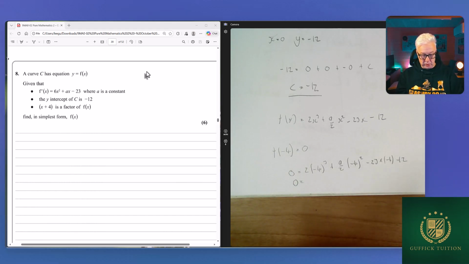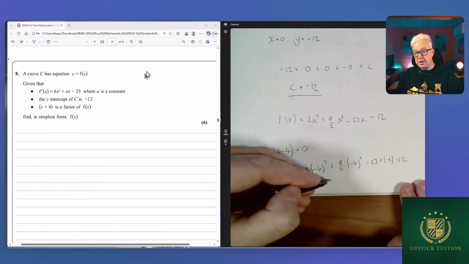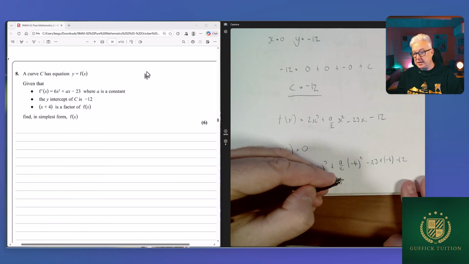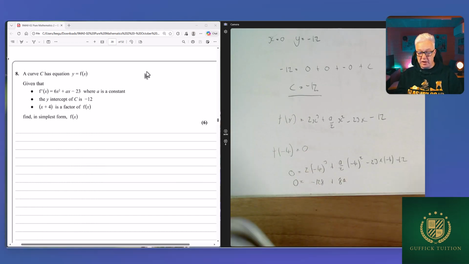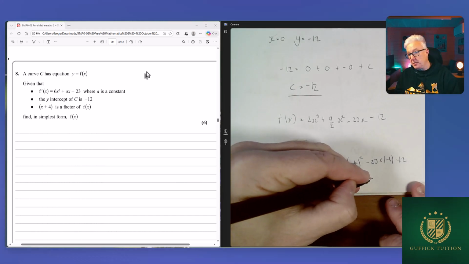Minus 4 to the power of 3 is going to be minus 64, so we double that, it's going to be minus 128. Then minus 4 squared is going to be 16, and 16 divided by 2 is going to be 8a. Then 23 times 4 is going to be plus 92, minus 12.